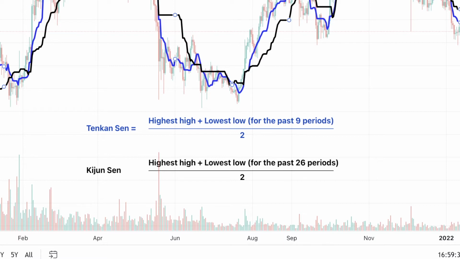When we look at the black line, which is called Kijun Sen, that is calculated as the highest high plus the lowest low in price divided by 2 for the past 26 periods. So that means that Tenkan Sen is the fast moving line and Kijun Sen is the slow moving line.